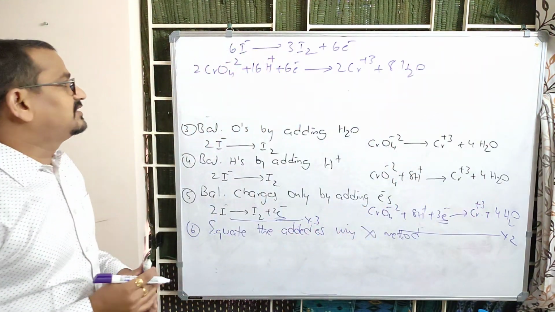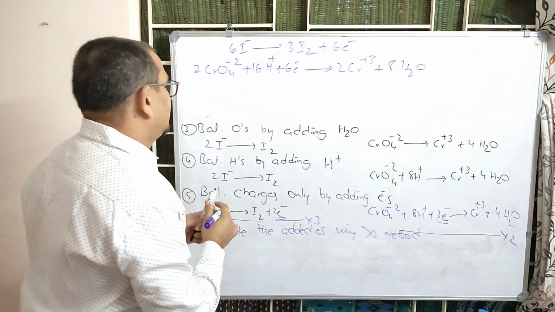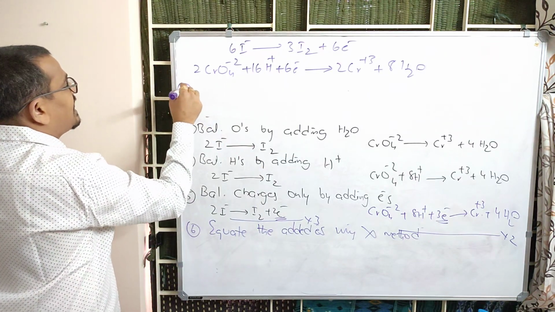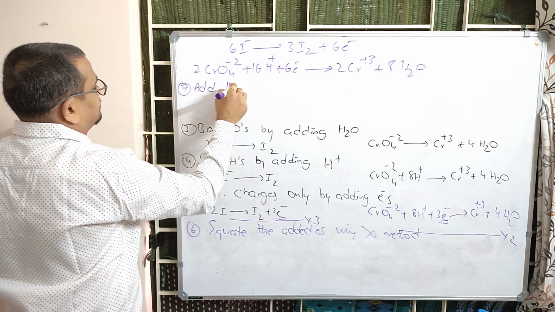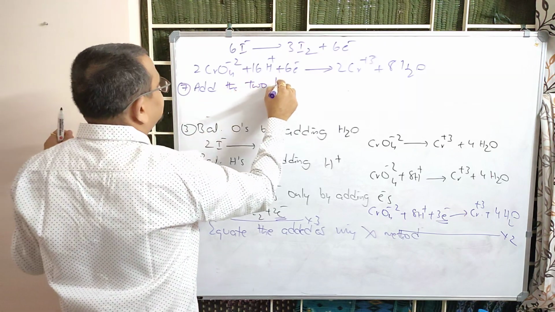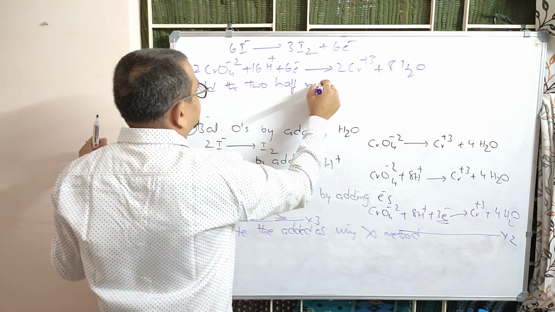Now we have equated electrons here and there, and step 7 is add the 2 half reactions.